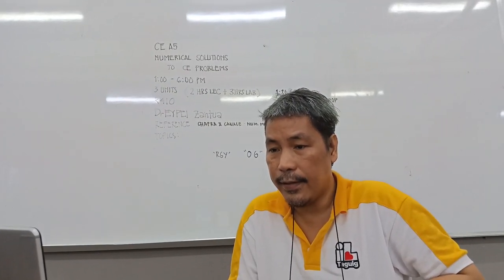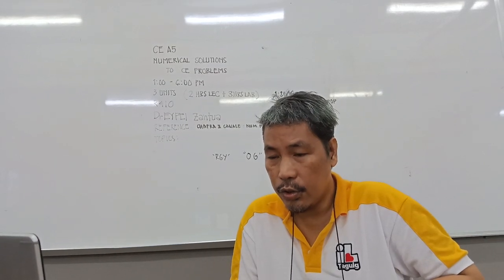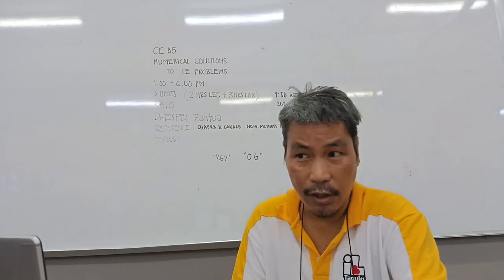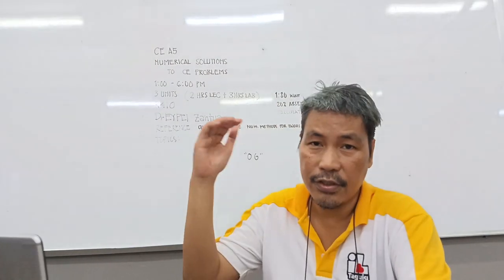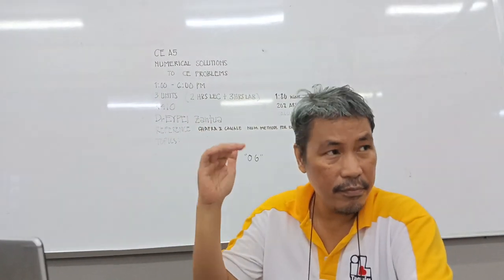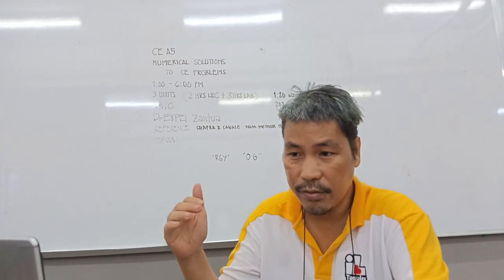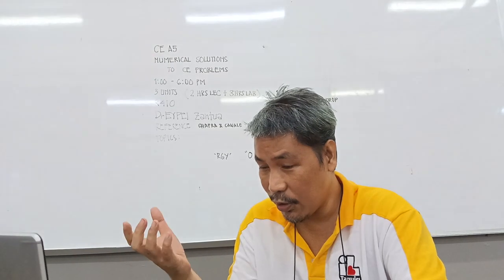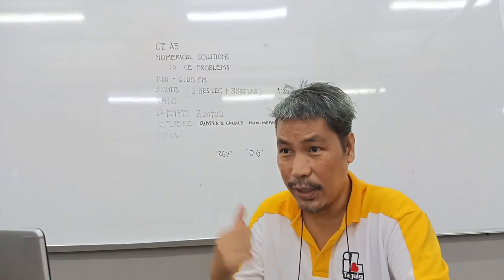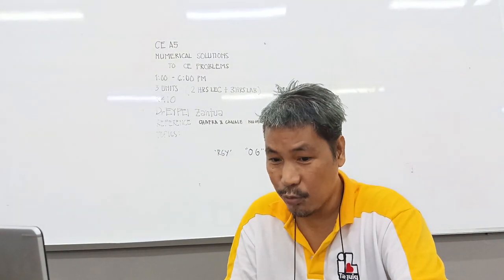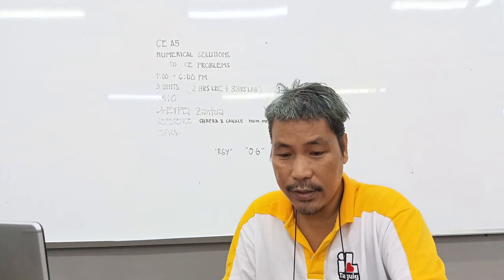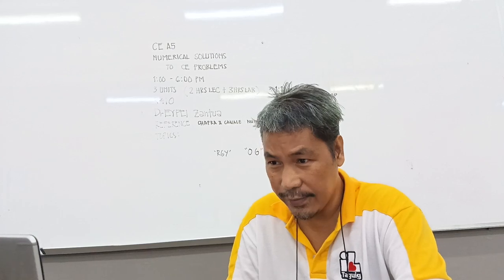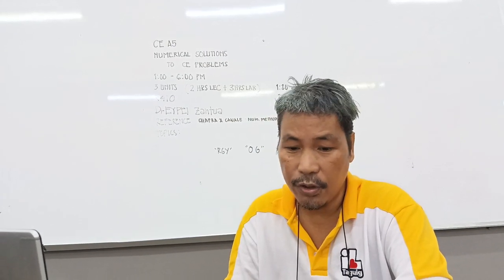And then number 8, solution to ordinary differential equation. So take note, 6, 7, 8. 6 is derivative, 7 integration, 8 differential equation. So differential equation can be solved by numerical method without actually having to deal with the differentiation and differential equation formula.